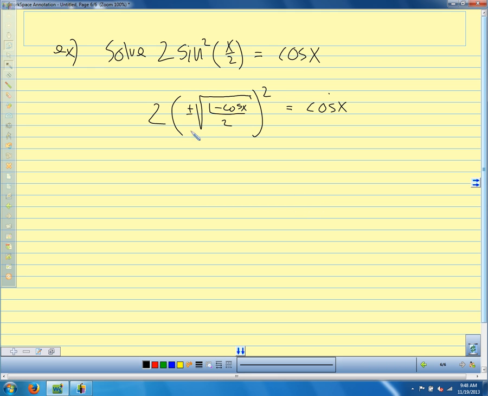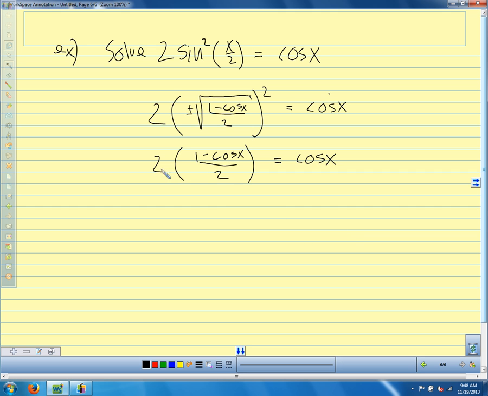What does the square do to the square root? Cancel it. And if I have a positive or a negative and I square it, I always end up with a positive. So I don't have to worry about the plus or minus. So I end up with 2 times 1 minus cosine x divided by 2, equals cosine x.